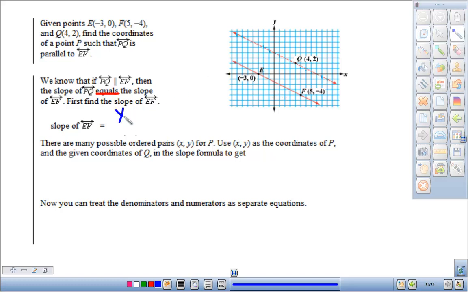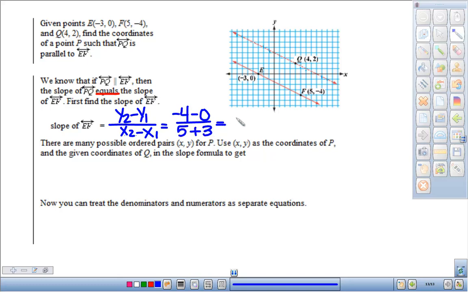Remember, slope formula is y2 minus y1 over x2 minus x1. Okay, y2, this could be my second term, so it'd be -4 minus 0. 5 minus -3, minus a negative changes it to plus.